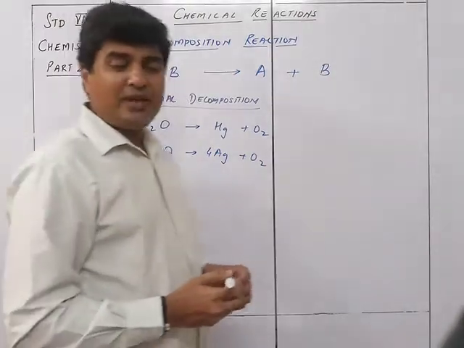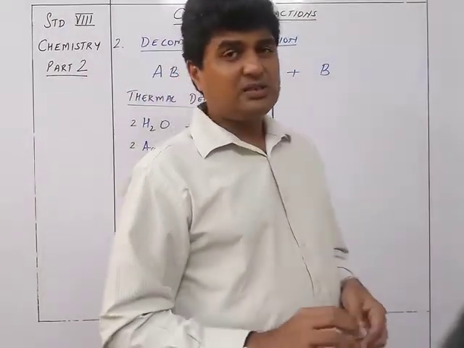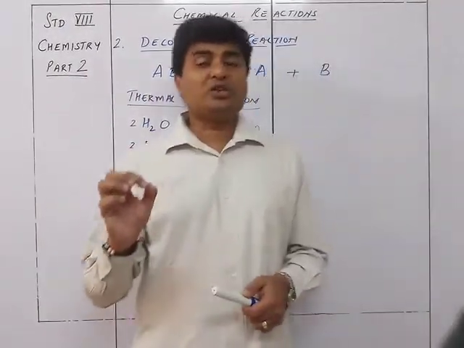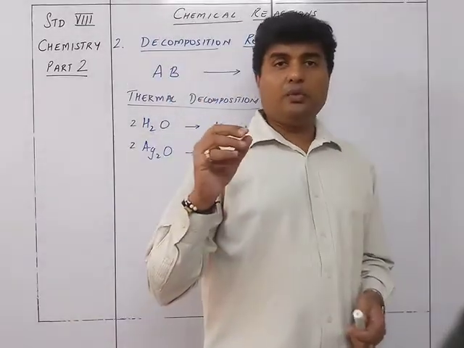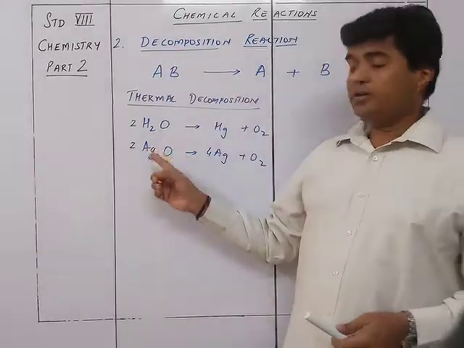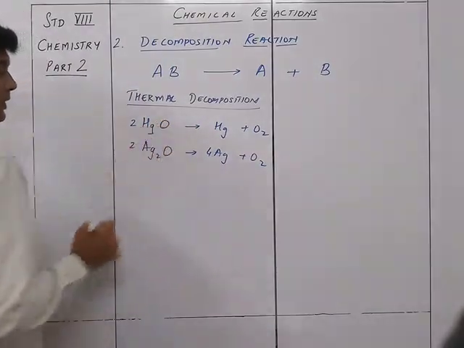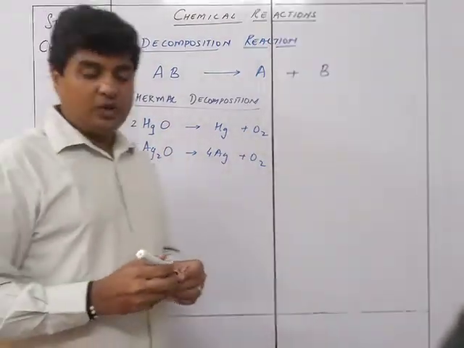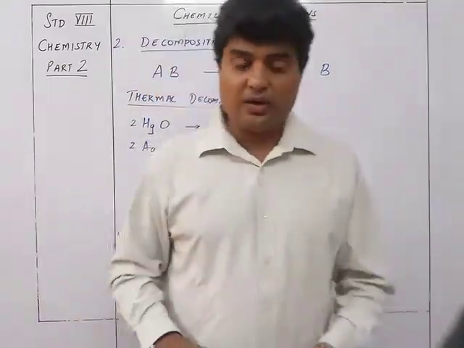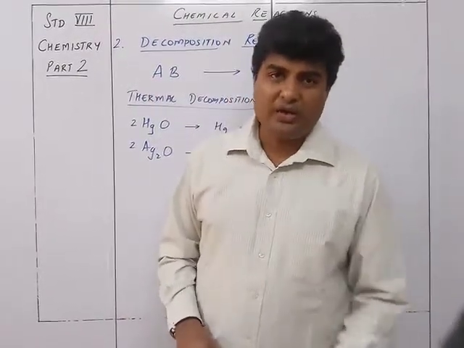So this is something new for you, a metallic oxide of mercury or silver. Ag is silver and Hg is mercury.